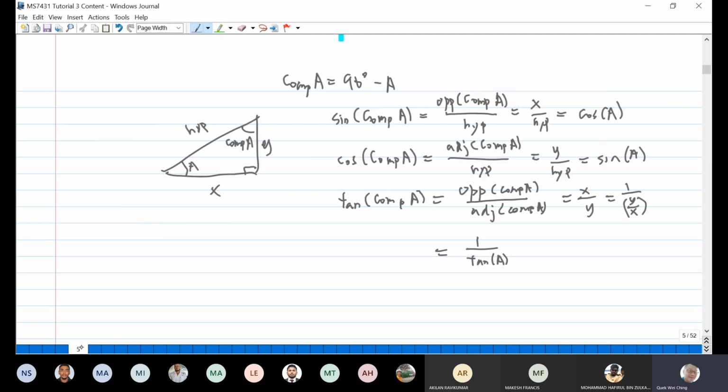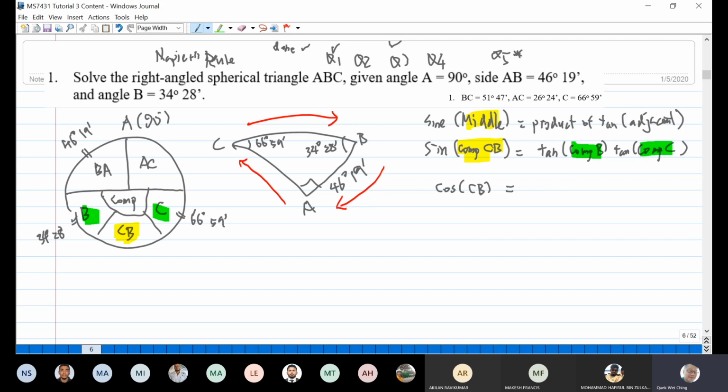Tangent co-B is 1 over tangent B. Tangent co-C is 1 over tangent C. This saves you a lot of minus signs, because the 90 minus makes things very difficult.